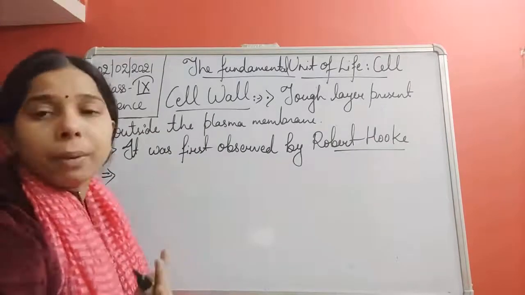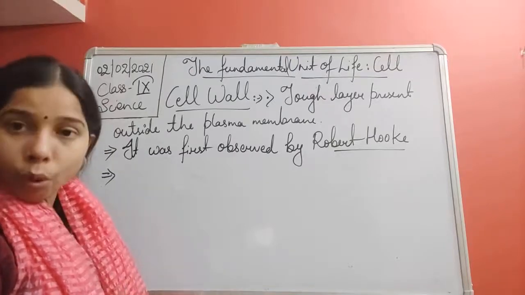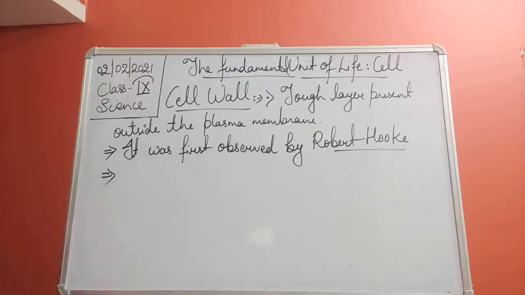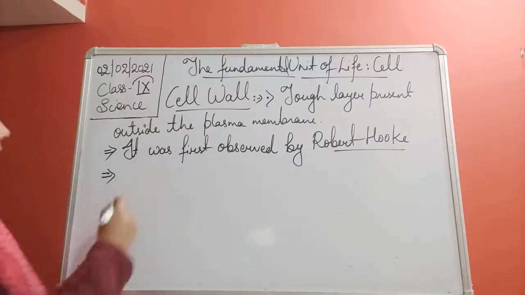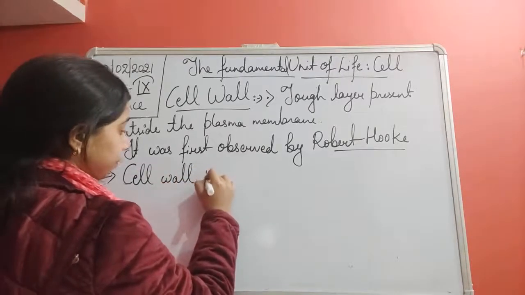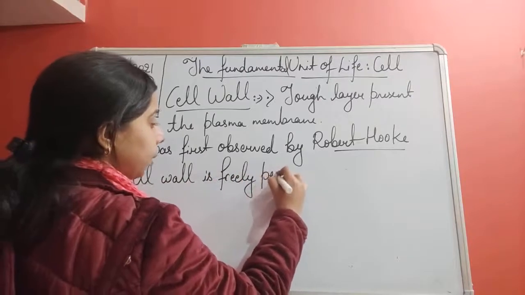Then the next thing that we will see, students, is that it is fully permeable. It means it will allow all, that is solute as well as solvent molecules, to pass through it. Okay, so we can say that the cell wall is freely permeable.